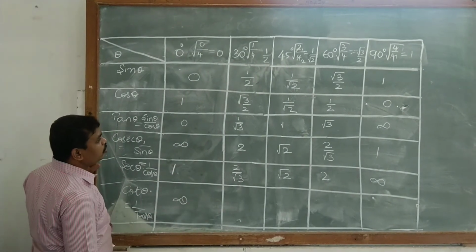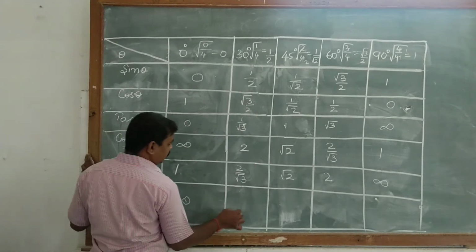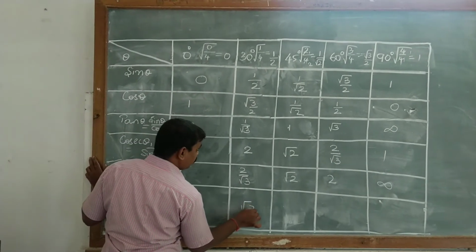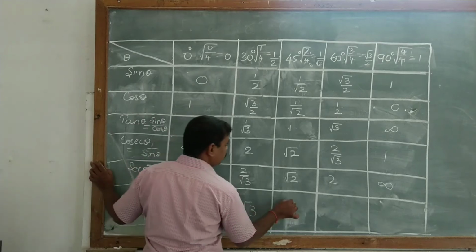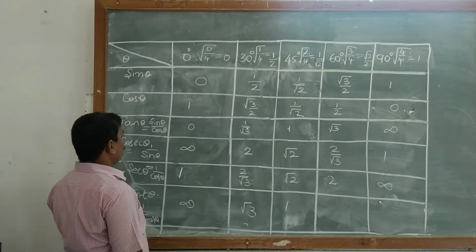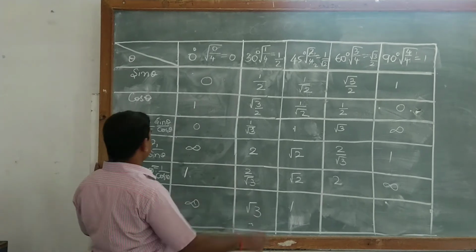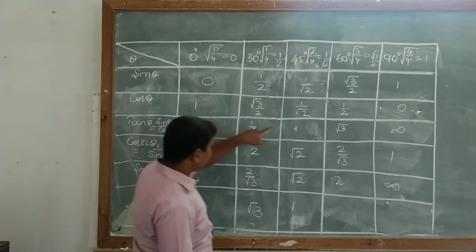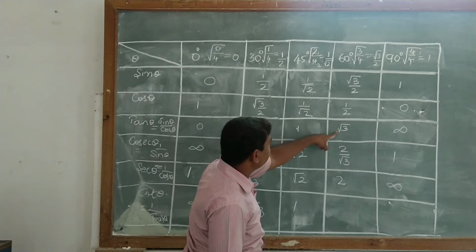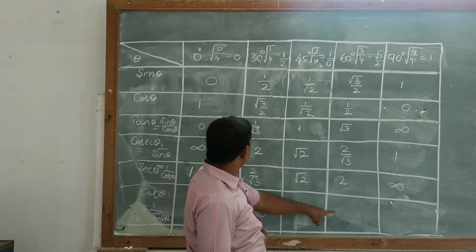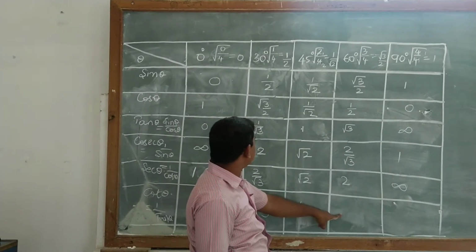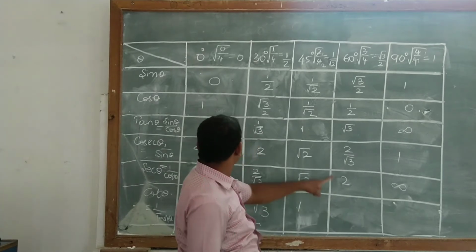Next, 1 by 1 by root 3, that is root 3. 1 by 1 is 1. Next, 1 by 1 by 2, what is that one you got? Next, 1 by root 3 by 1. That is nothing but what we are going to get it here. Check it here.